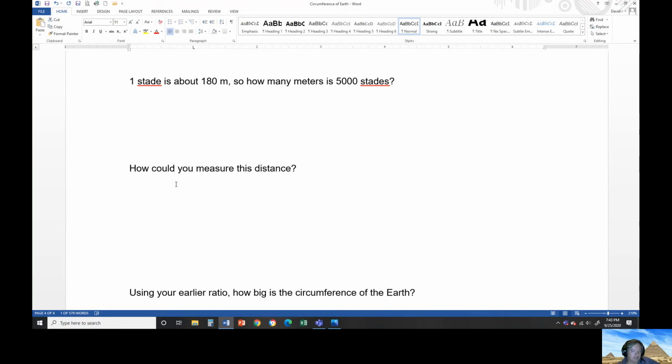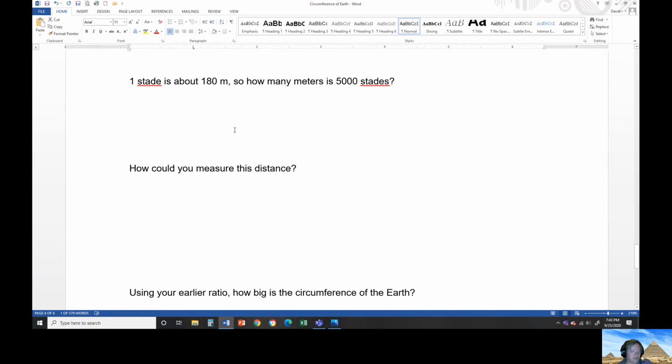Now you've already learned some basic physics in terms of speed. Speed is distance divided by time. Soldiers would have to move at a constant rate. If I knew how long the soldiers moved for, if I knew how fast the soldiers moved, I could figure out the distance that they traveled, moving at a certain pace for a set amount of time.